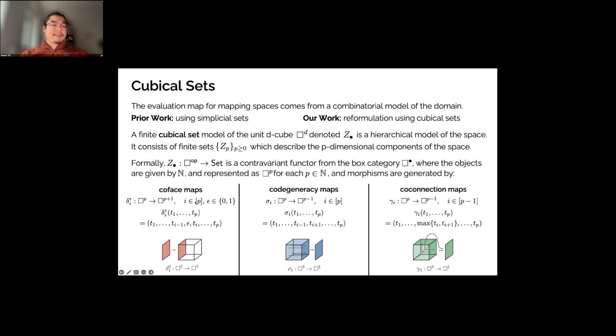And we can think about these 3 types of structure maps as just part of the information contained in a cubical set. So, for instance, coface maps are just ways of identifying cofaces of any element in these cubical sets. And codegeneracies give us ways to talk about degenerate cubes.